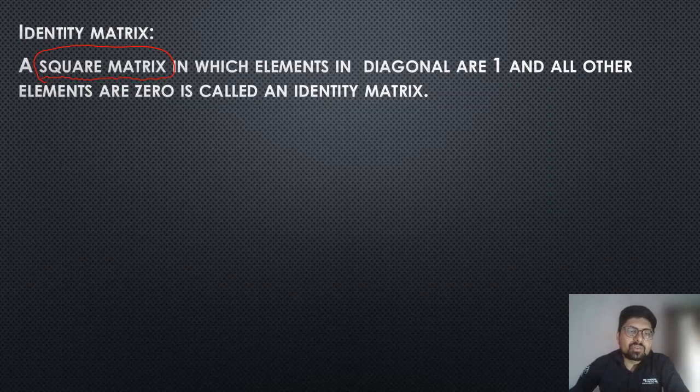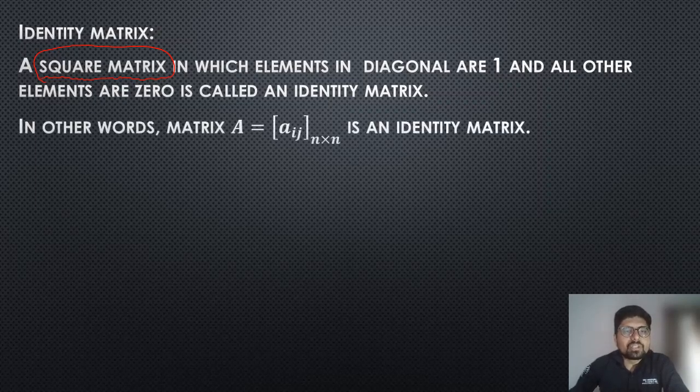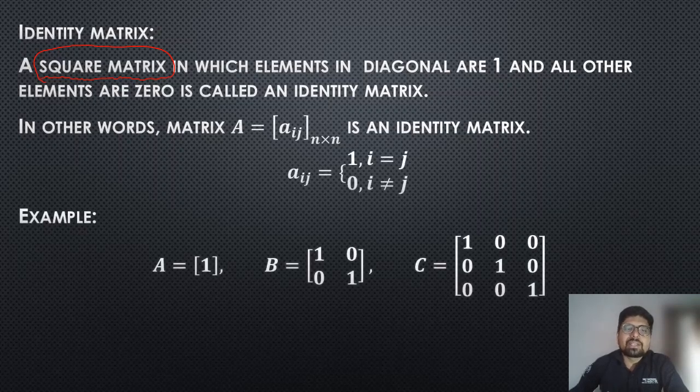So the entries on the diagonal are 1 and all other entries are 0. You can see that in these examples. In matrix B, elements on the diagonal are 1 and other elements are 0. Again in C, elements on the diagonal are 1, 1, 1 and all other elements are 0. Same way in matrix A. So this is right in terms of notation, right?